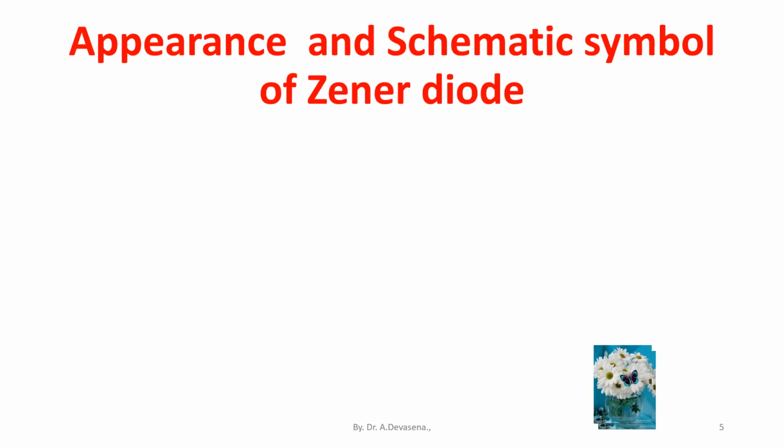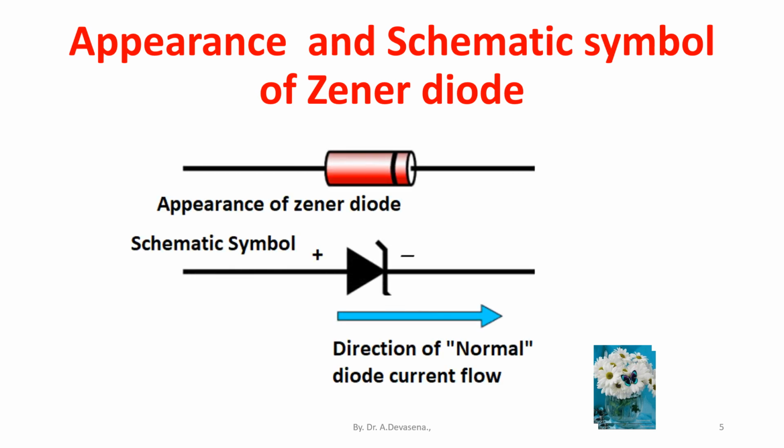Let us see the appearance and schematic symbol of Zener diode. The appearance of the Zener diode is indicated. The Zener diode has two terminals: the cathode terminal as well as the anode terminal. In this Zener diode, you will have a black ring.